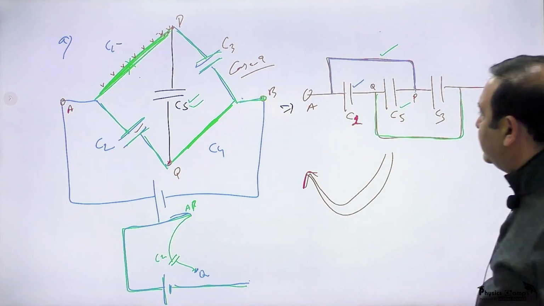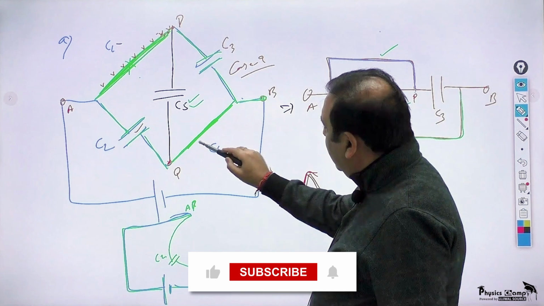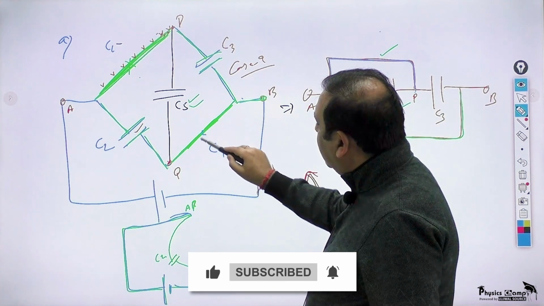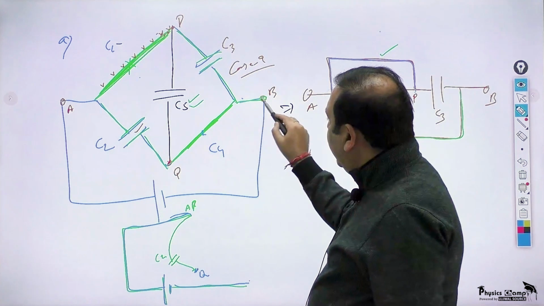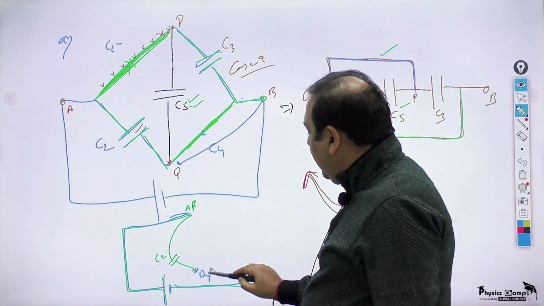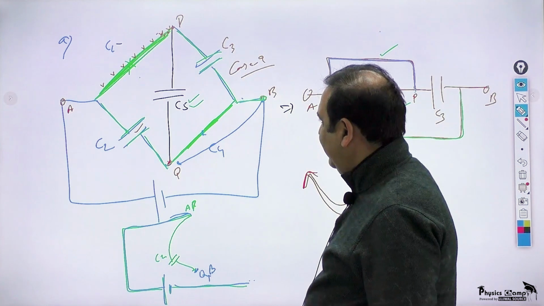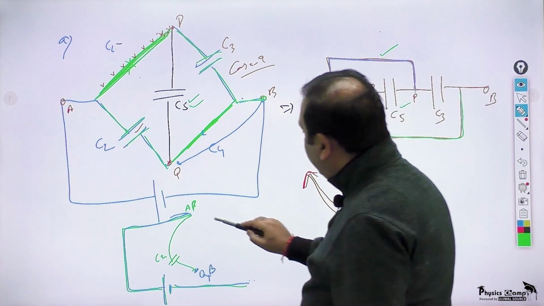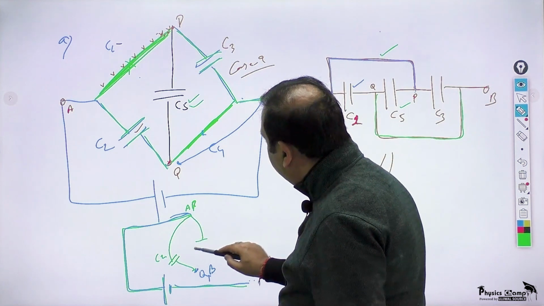Similarly, there is no fall of potential from Q to P, so I can remove that and join B with Q. So here B and Q are joined, and thus over here what we will get is C3.